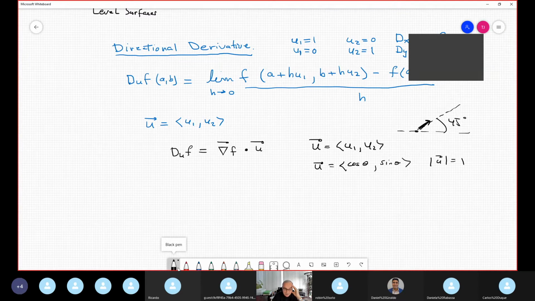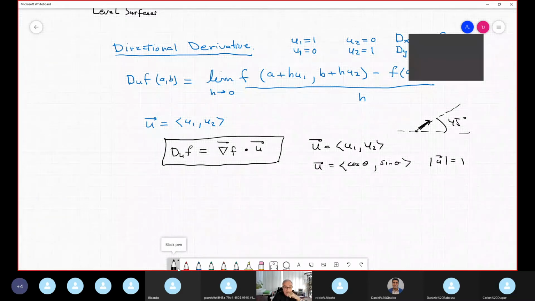So this is the fantastic formula to compute the directional derivative. You compute the gradient first. You have in your hand maybe the unit vector in the direction in which you want to find the derivative, and you perform the dot product. It is important to understand the gradient is a vector, the unit vector is a vector. However, the derivative is not a vector.